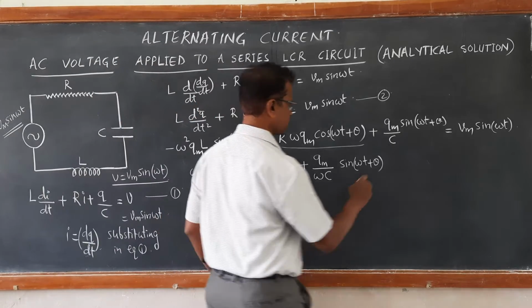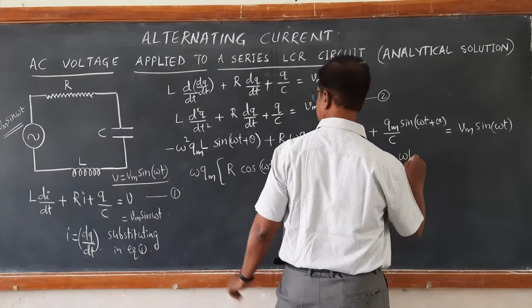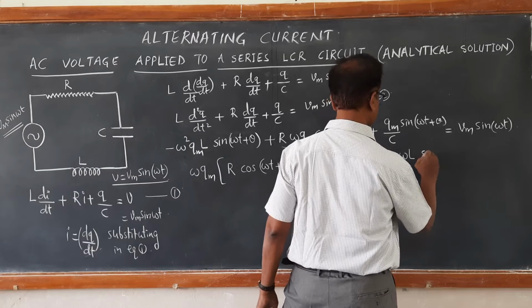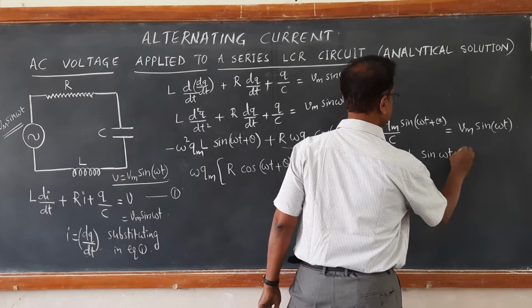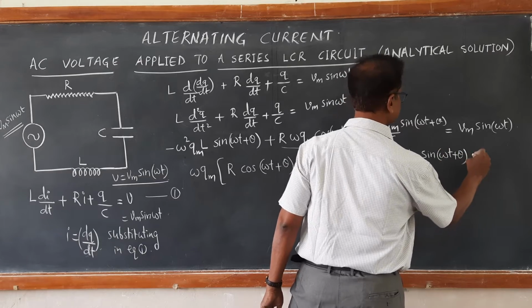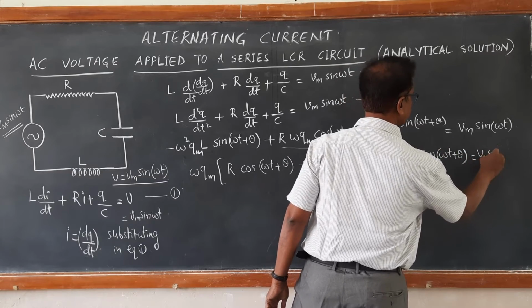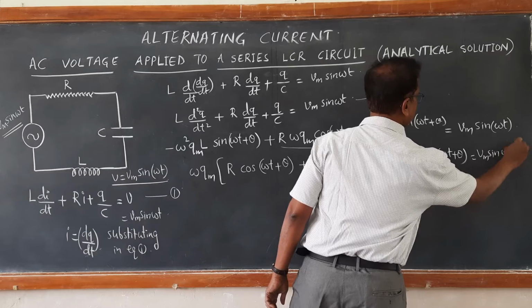And here you are left with omega L, minus omega L into sin(omega t plus theta), is equal to Vm sin omega t.